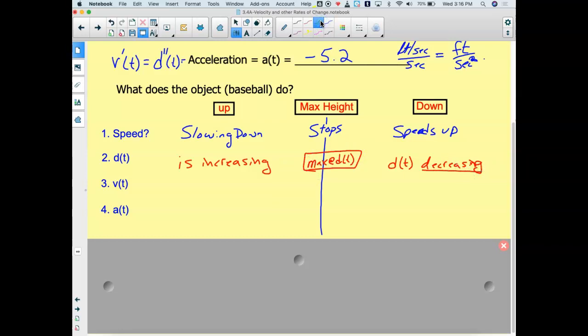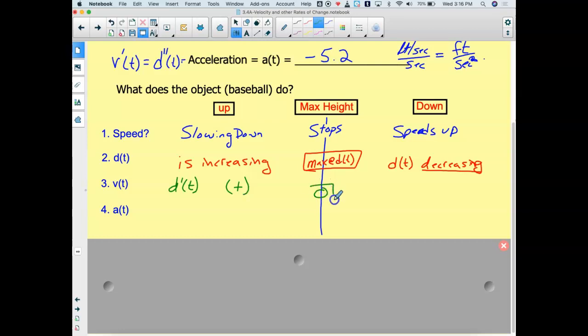What is the velocity doing? Remember, velocity is the derivative of position. Think about the relationship between the derivative and a function. If my function is increasing, that means my derivative is positive. So as I'm going up, my velocity is positive until it hits its maximum height.